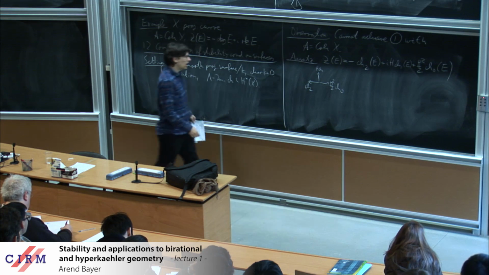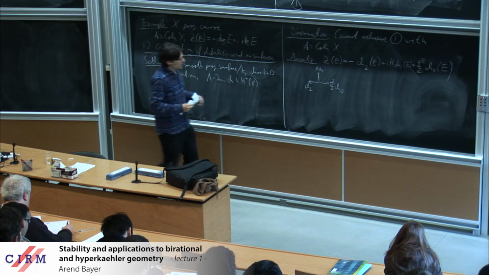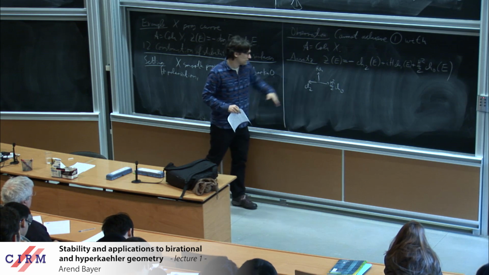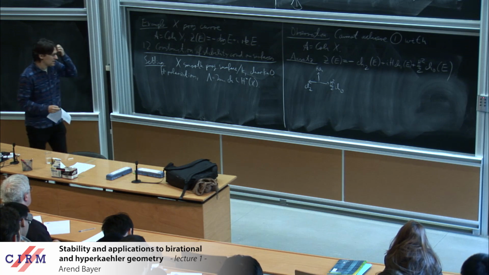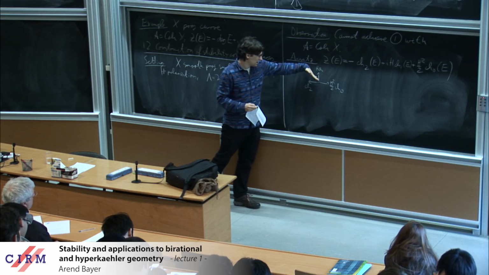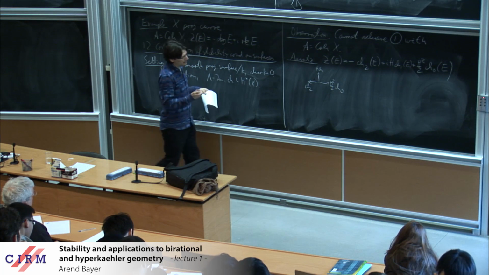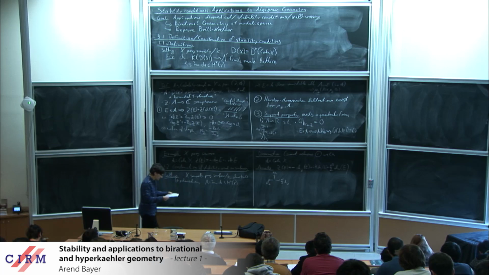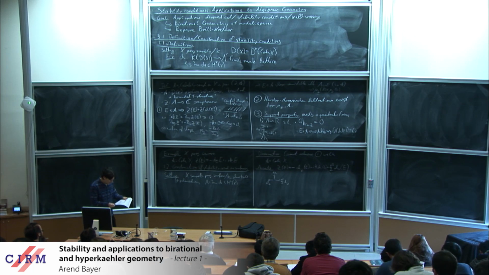So how can I motivate this? Just using these two would give me something like slope stability with respect to the polarization H. But I also have to use Chern 2 somehow, and then I'm just putting Chern 2 in an extra direction further over here. The precise direction actually doesn't matter too much.